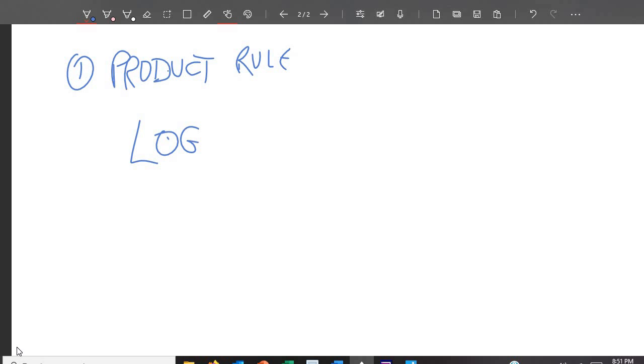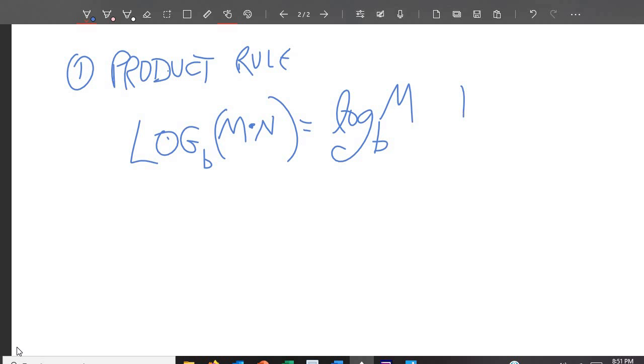If you have a log of two different things multiplied together, you can split that into two pieces. I can take the log of the first piece, put a plus sign, take the log of the second piece. This will allow us to simplify complicated logarithms.